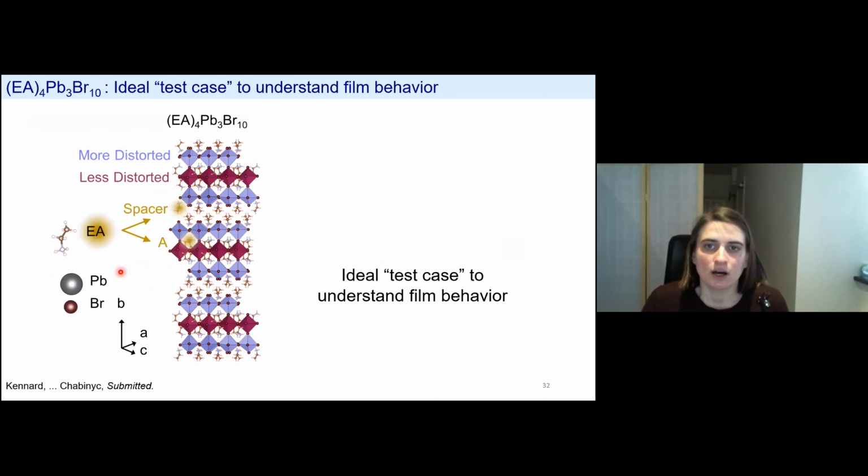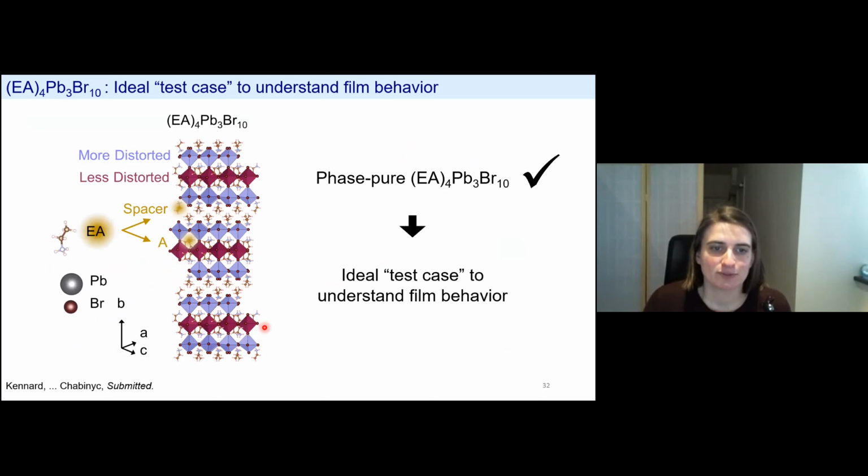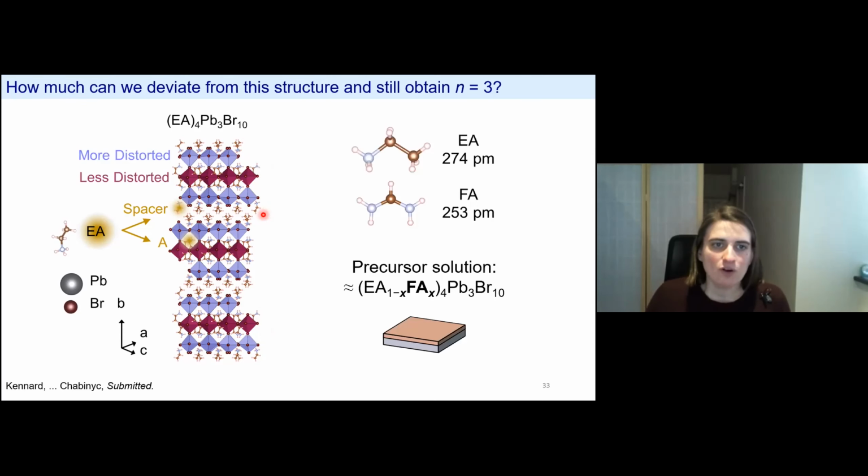So we have this ideal test case material, right? We can learn how the n=3 phase would behave when it's cast as a film because of the chemistry, right? That we have this small cation that prevents larger 3D phases from forming, and we don't have these competing solvation effects. So how far can we deviate from this structure and still retain an n=3 phase in films?